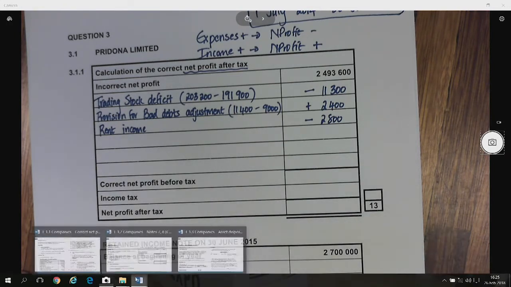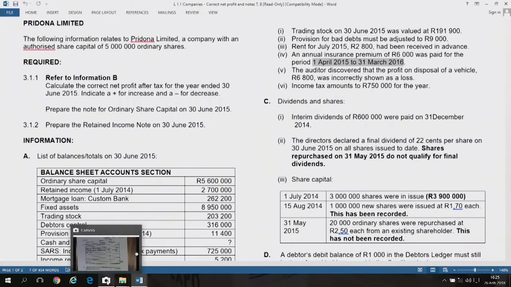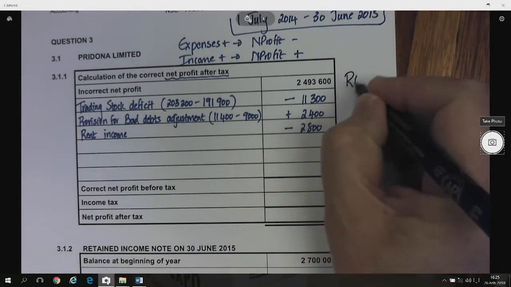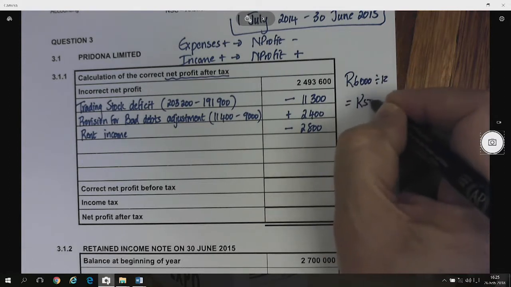Number 4 is an annual insurance premium of 6,000 Rand that was paid for the period the 1st of April until the 31st of March 2016. What do you do first? You take the 6,000 Rand and you divide it by 12, and that gives you 500 Rand per month.